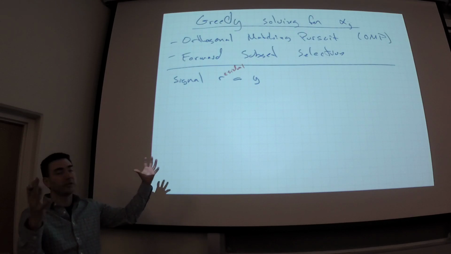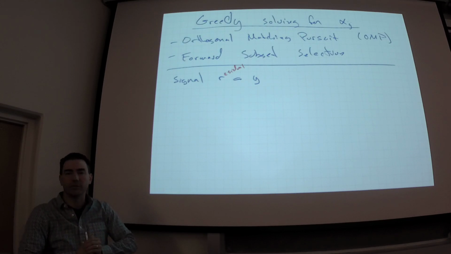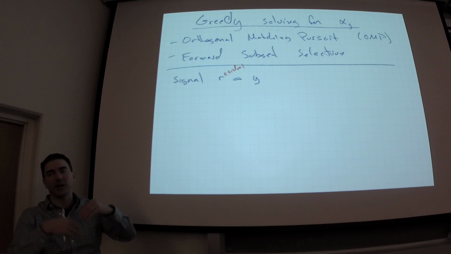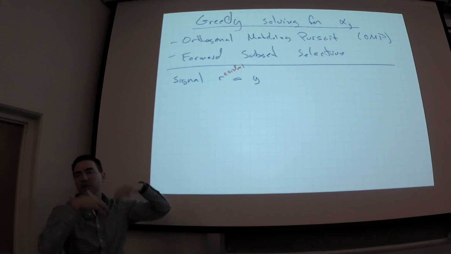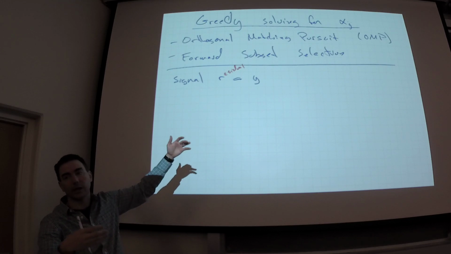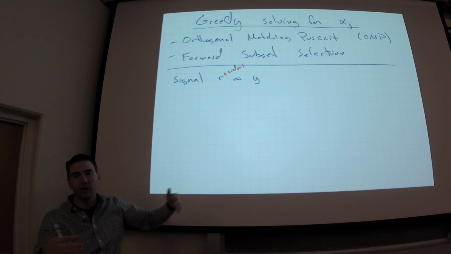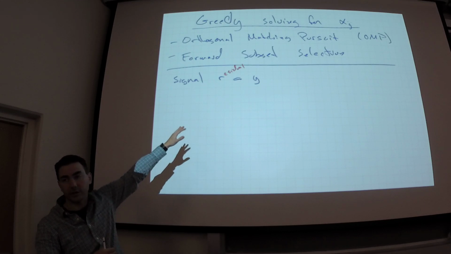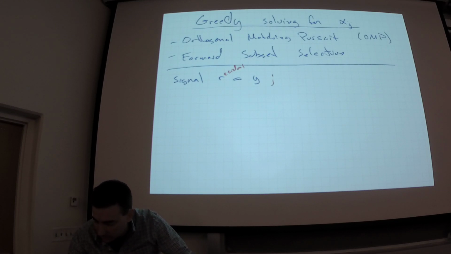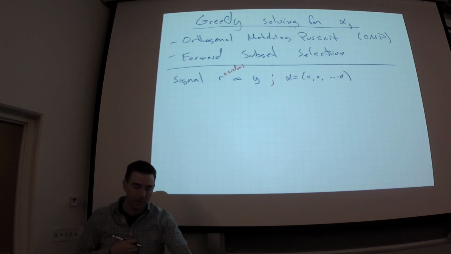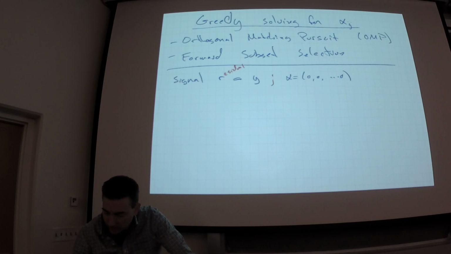I start with all the signal y, which is what I'm trying to predict from my data. Then I'm going to pick one coordinate, and that's going to account for some of y, and I'll subtract it off, and the rest is going to be the residual of the signal. Initially, all the signal is in the residual because I haven't picked any coordinates, because I've set alpha equal to 0. All the alphas are 0. Then I'm going to go through a for loop.